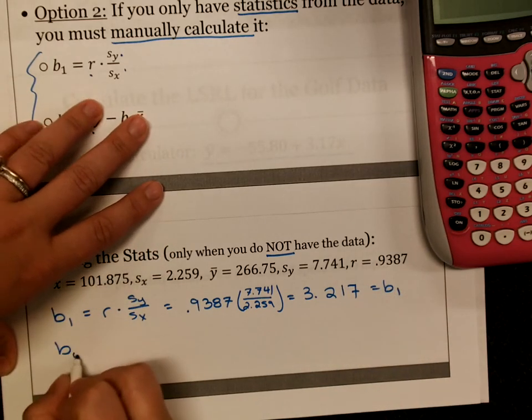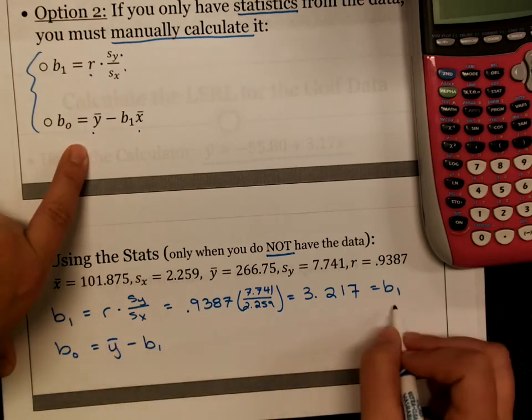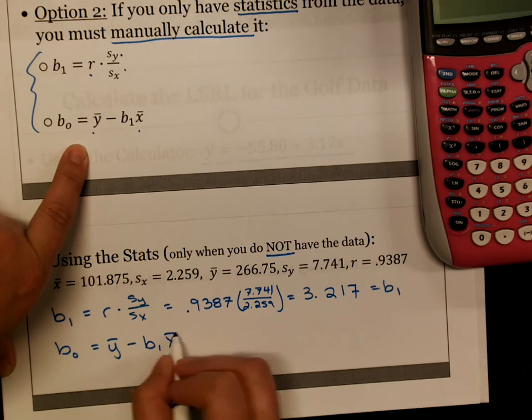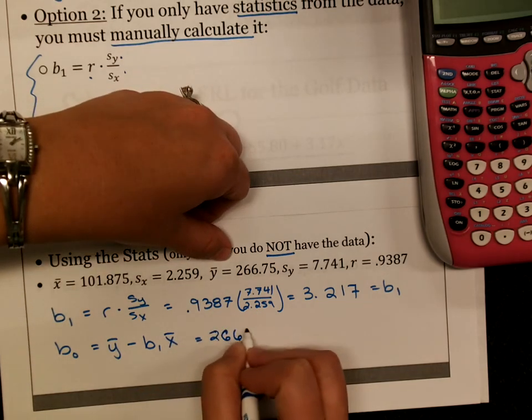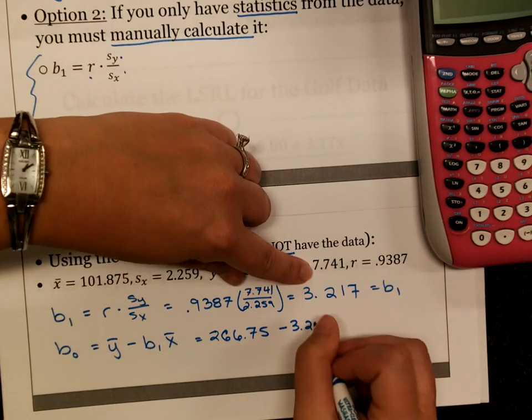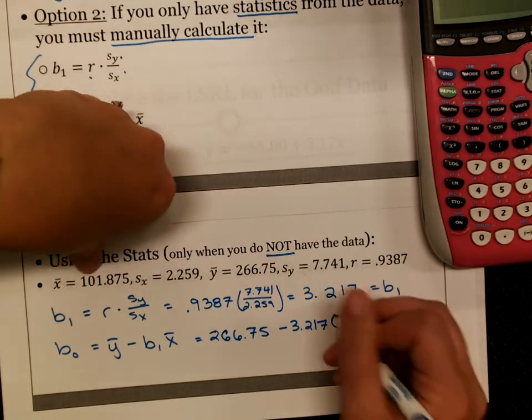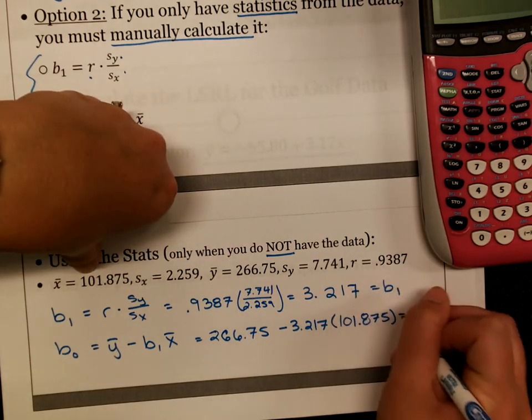And then B naught is y bar minus the number we just got for B1 times x bar. So y bar is 266.75 minus B1, which we just got, times x bar. This is just tedious. Don't let it confuse you. It's just typing in numbers.